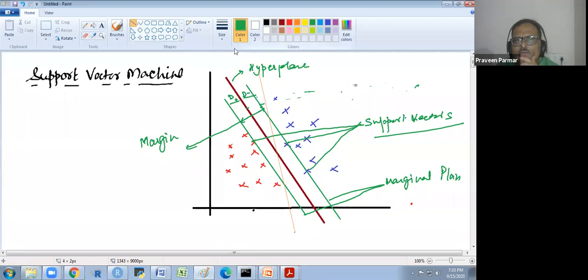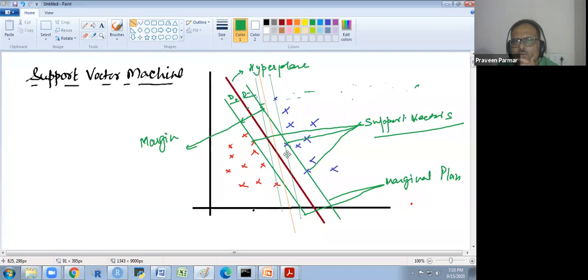This is the marginal plane I am making here, and one marginal plane from here.